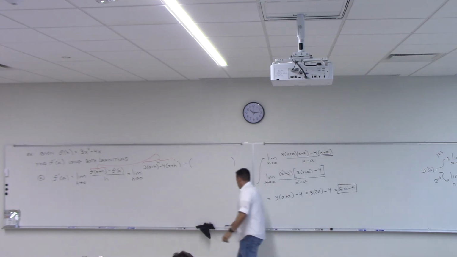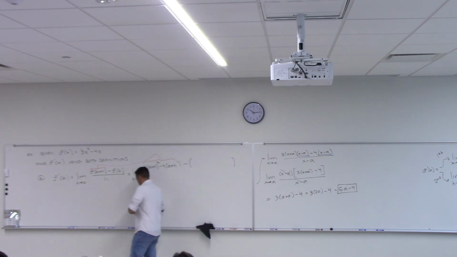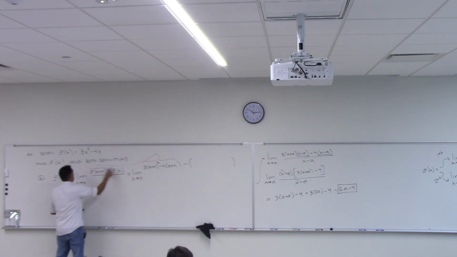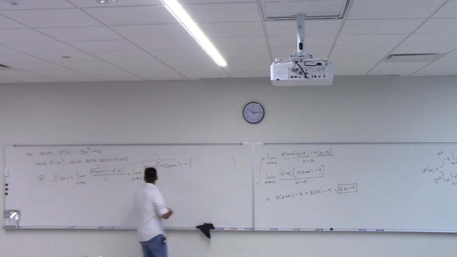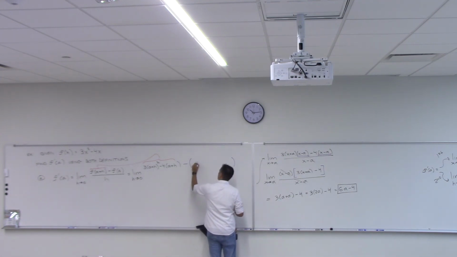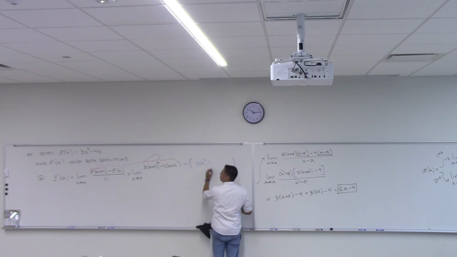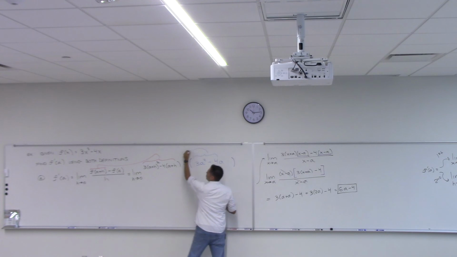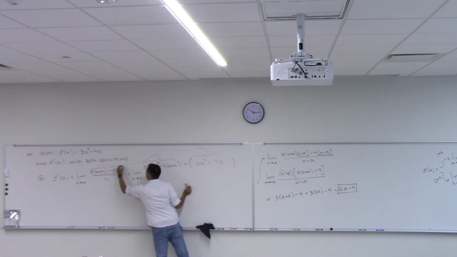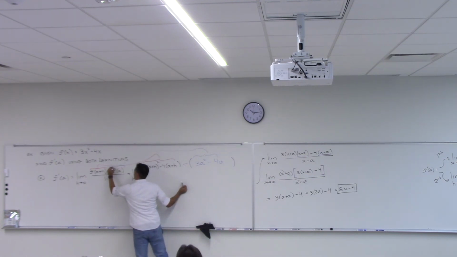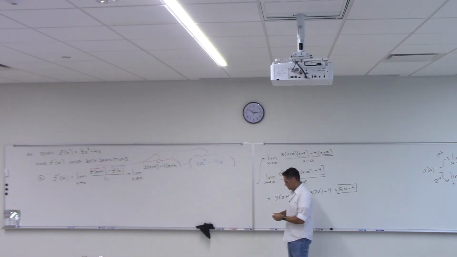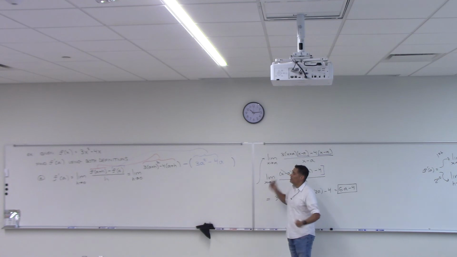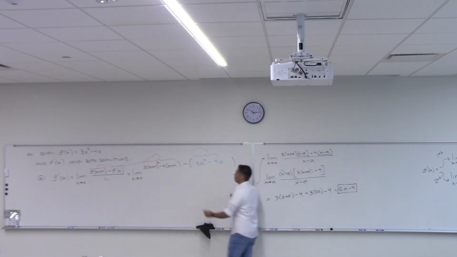Now what am I plugging in? I'm going to plug a into the function, so replace your x's with a's. So it just becomes 3a squared minus 4a. That piece right there is our top right piece. I want to make sure you all see where everything's coming from. All of this divided by h.